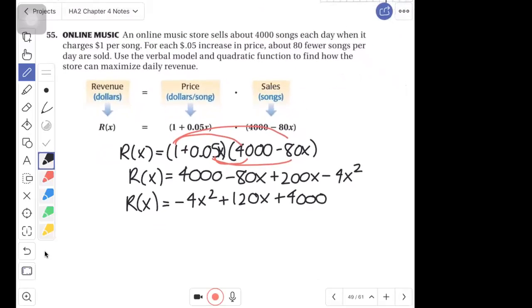Well, we can see that our a here is negative 4. What does that tell us about this function if we were to graph it? Lacey, what does that a of negative 4 tell us about our function?